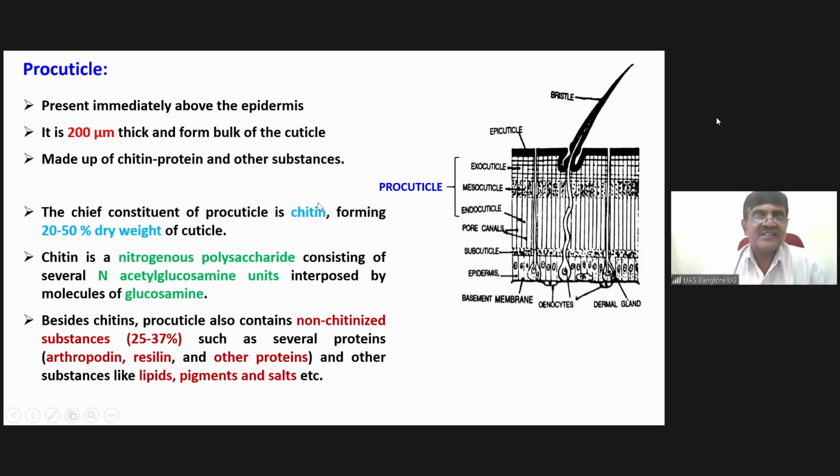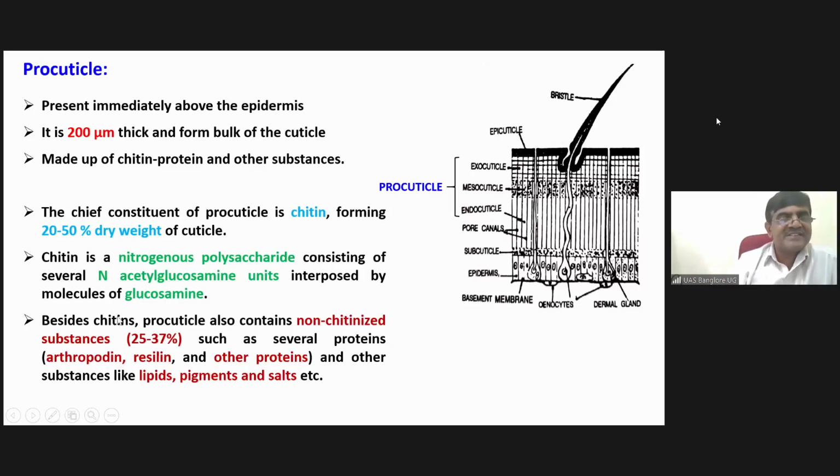So what is this chitin? Chitin is a nitrogenous polysaccharide comprising several units of N-acetyl glucosamine, which are interposed by glucosamine molecules.